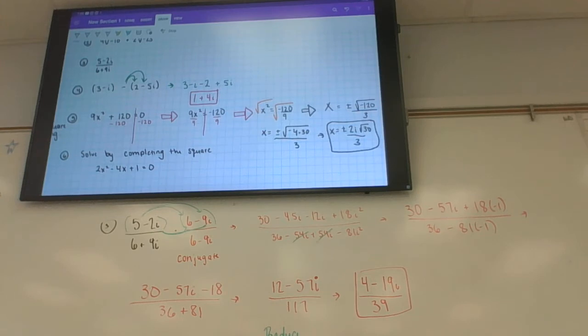Alright, the next two things are completing the square and quadratic formula. Completing the square is on the front of the second page.